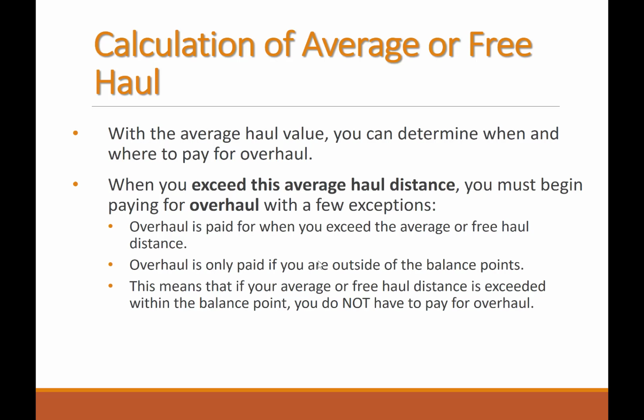And the balance points are the ones I was talking about, where the curve intersects the horizontal line that we call the primary balance line. This means that if your average or free haul distance is exceeded within the balance point, you do not have to pay for overhaul. So this means that it would be optimum to have all your cuts and fills done along the stations, along the project profile.